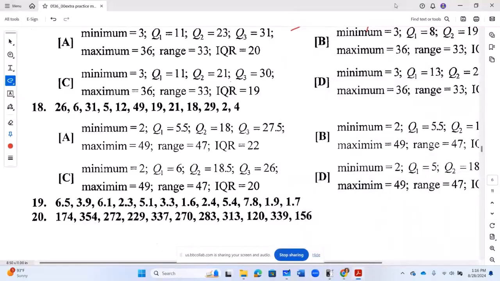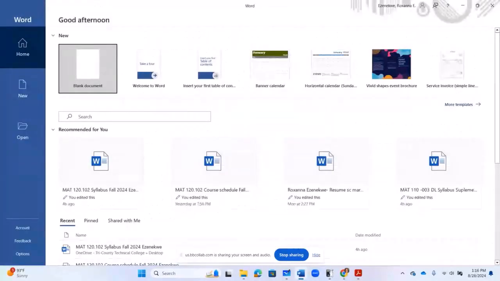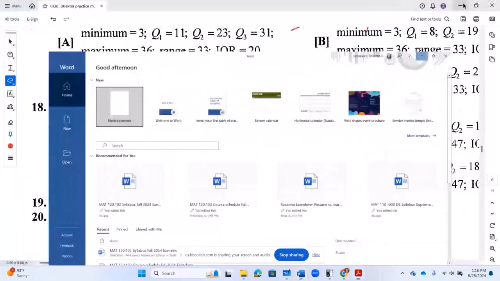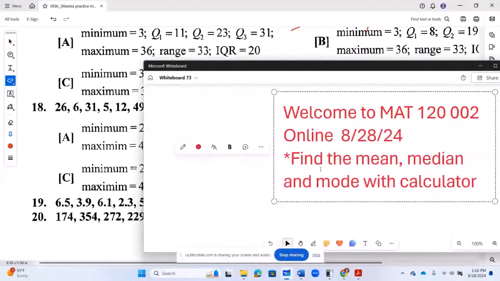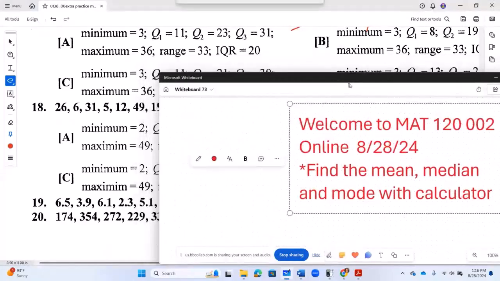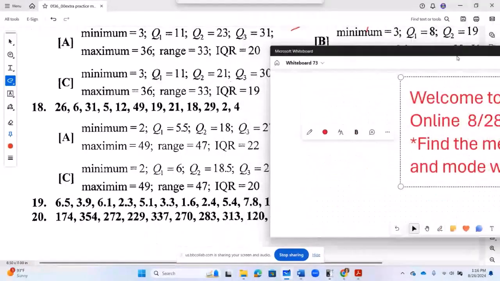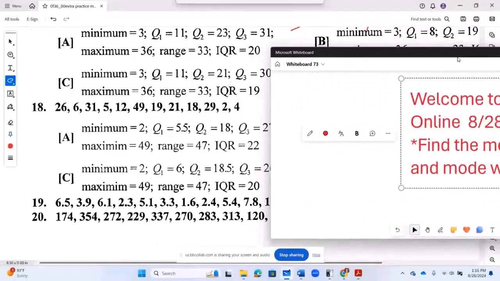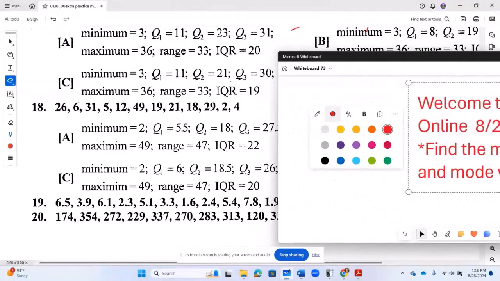So let me get my whiteboard, not this one. I'm going to draw just a small picture of a box plot. So we found the answer to be number 1. Let me draw a box plot that looks like an answer.